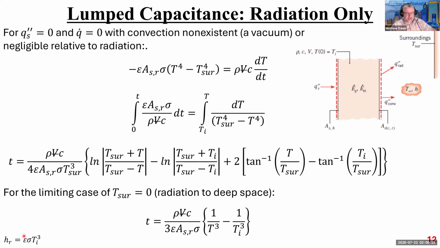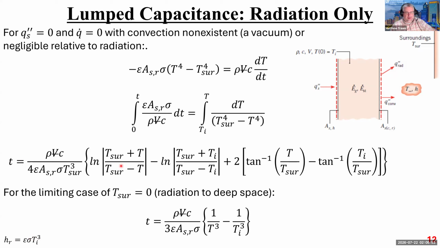And what it is is just the emissivity of an object times the Stefan-Boltzmann constant times the temperature to the third power. So this is just a reminder that we've seen this expression before as a way of expressing the heat transfer coefficient, if you will, for radiation in terms of something that we recognize as a convection coefficient, right? So that's just to remind me, because it's going to come up in a second.